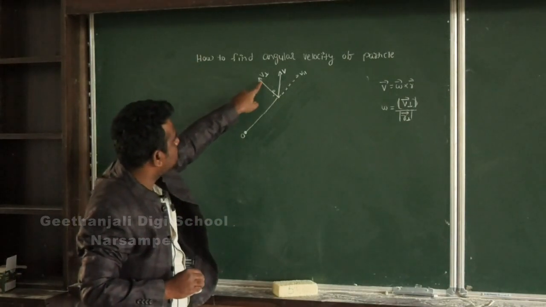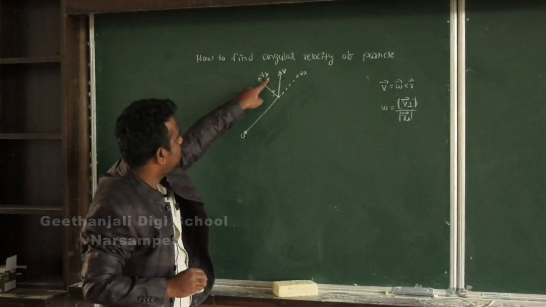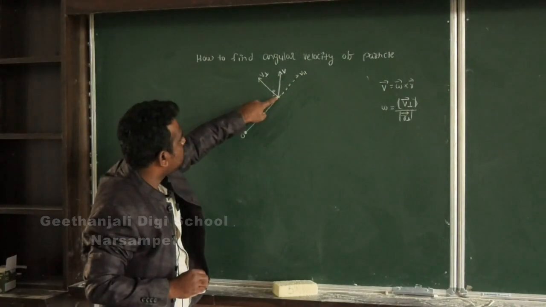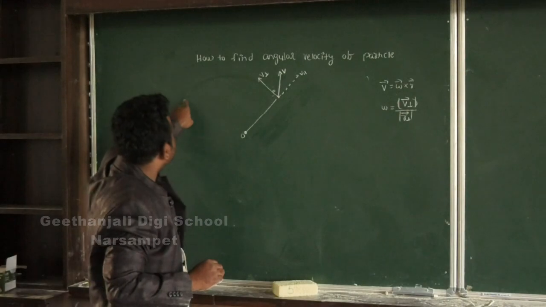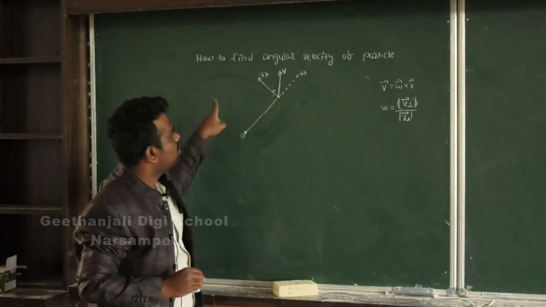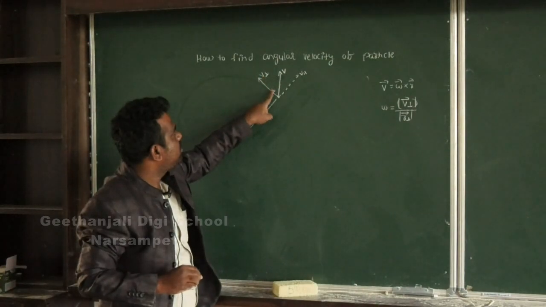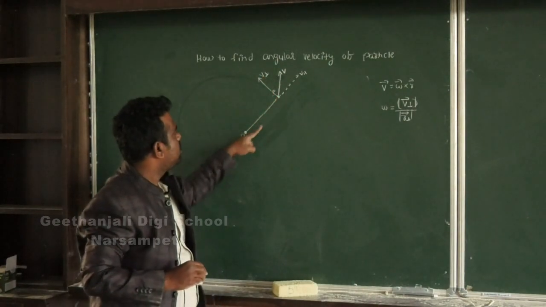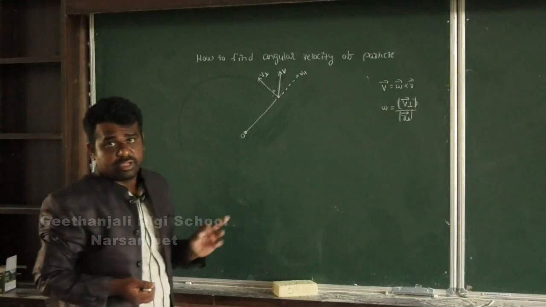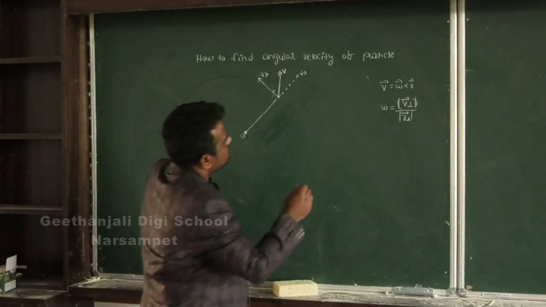But the perpendicular component can bring this particle into a circular path like this. So this is the component which will bring it into circular motion.